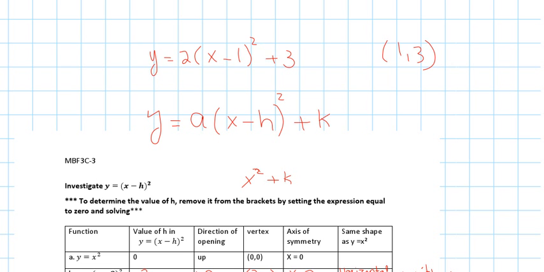So this is your a value, this is your h value, and this is your k value. So I have three things happening. I have a vertical stretch because of that 2. I have a horizontal translation 1 unit to the right because of that 1. And I have a vertical translation 3 units up because of that 3. So I have three things happening.